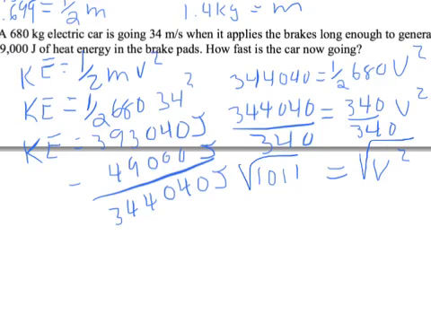So if I take the square root of that, that gives me a velocity the car now has of 31.81 meters per second. I'm going to round that to two significant figures, and that means the car is now going 32 meters per second. And that's a good thing, because the car at 32 meters per second is definitely going slower than it was at 34, so I know I did it right.